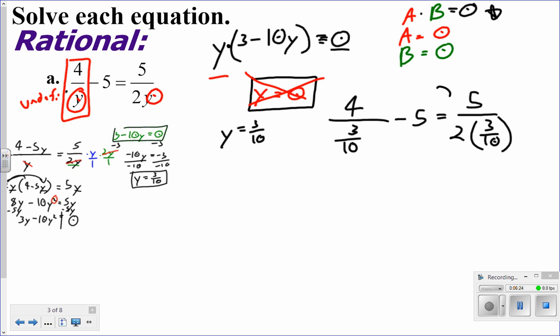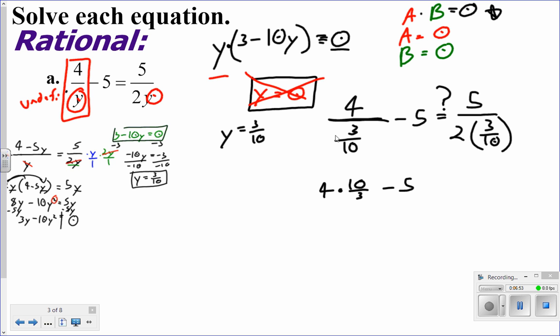I don't know if this is equal, so I'm going to put a question mark there to justify this. So let's simplify the left side, then simplify the right side, and see if they're equal. So here I have a compound fraction, so I remember dividing by something. So 4 divided by 3/10 is the same thing as multiplying by the reciprocal, 10/3, minus 5.